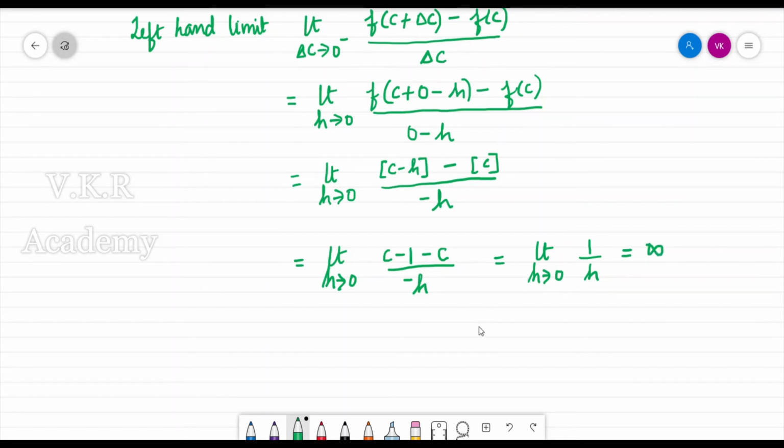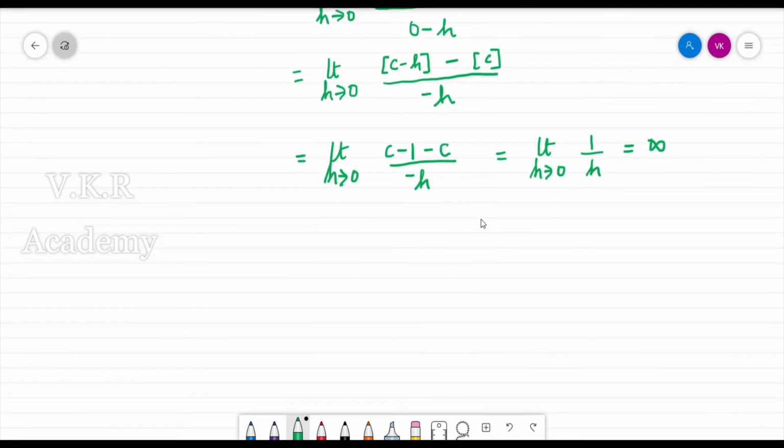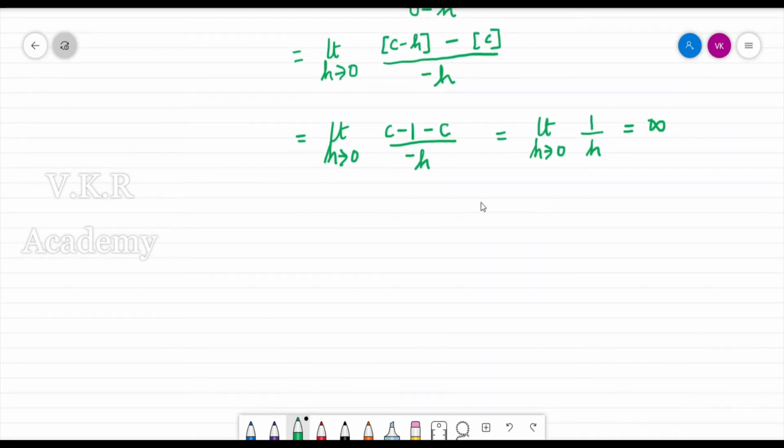Now consider the right hand limit. From this itself it's clear that left hand limit does not exist, therefore the limit does not exist. Well, anyway, let's verify the right hand limit.